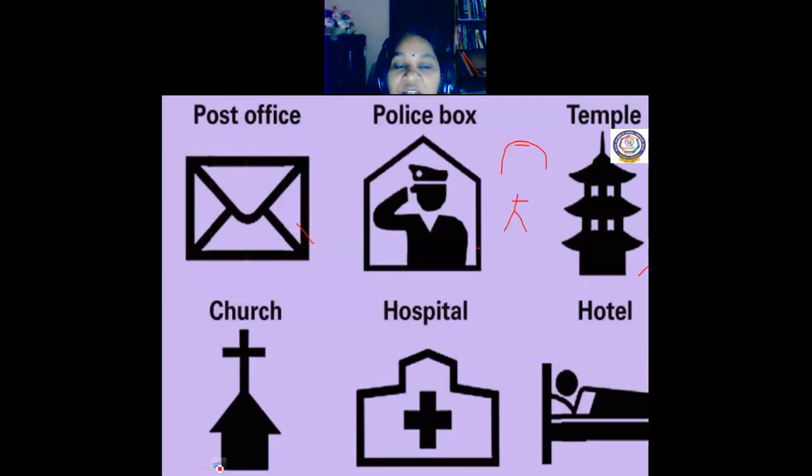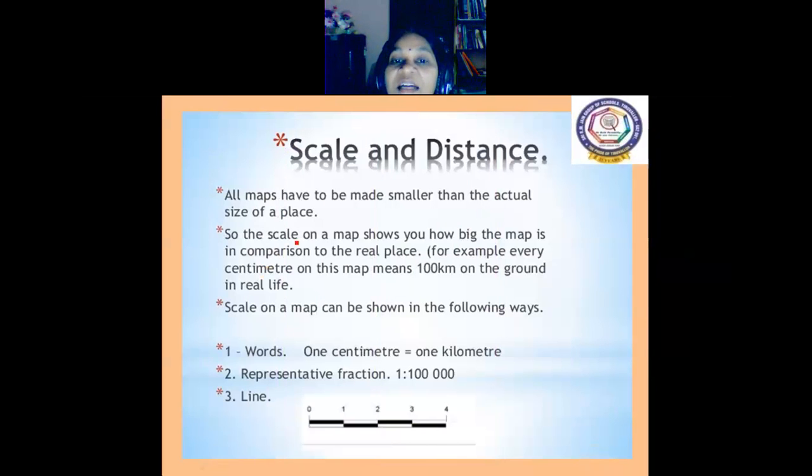So, the conventional symbols, scale and distance. All maps have to be made smaller than the actual size of a place. I told you, in the map, if it is from our home to the railway station, it will take 5 to 10 minutes, 1 or 2 kilometers, but in the map you can see it smaller.